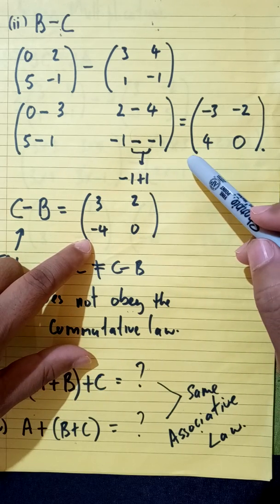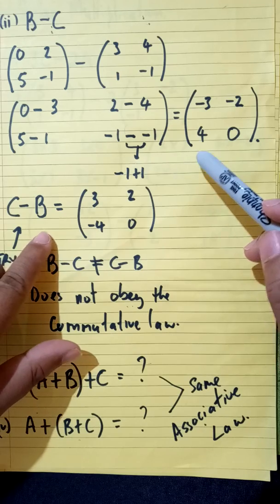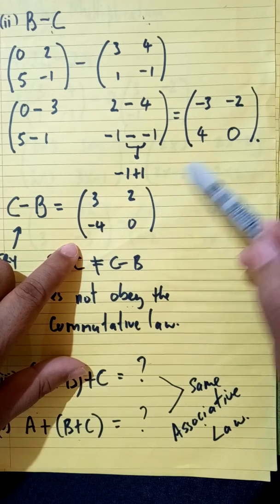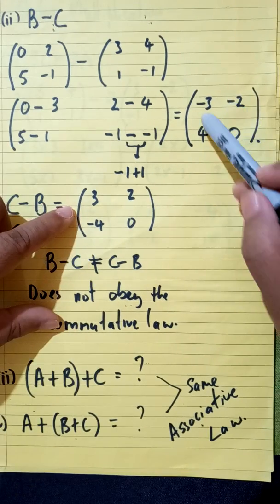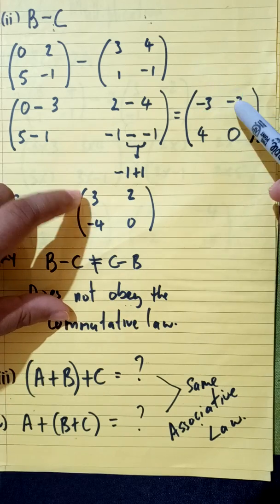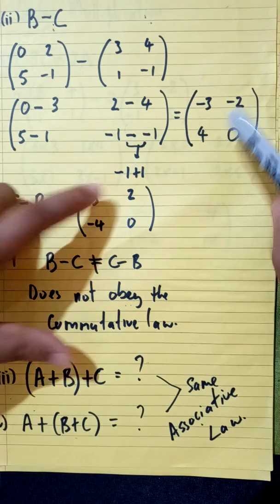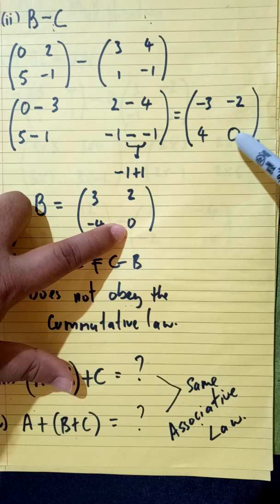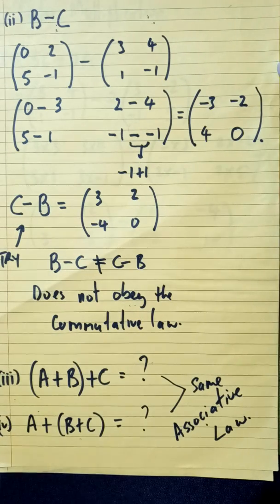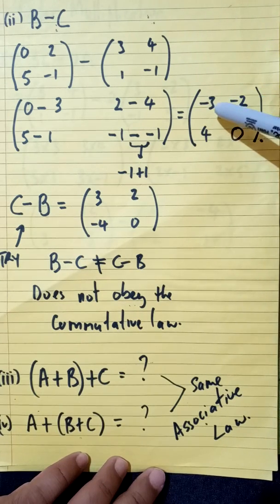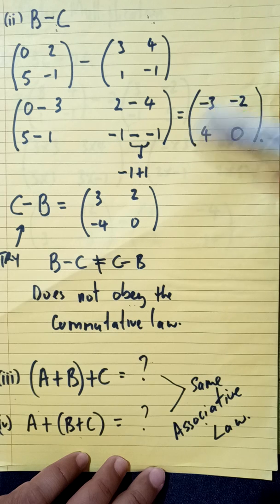If you look at B subtract C and C subtract B, both of them are different. This is -3, but this is 3. -2, but 2. 4, but -4. And both of these are 0.